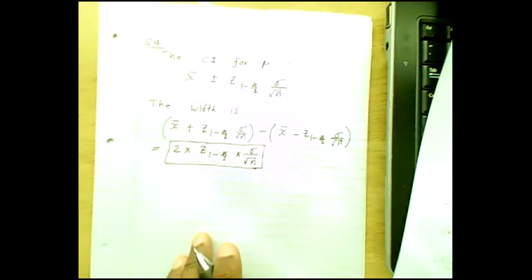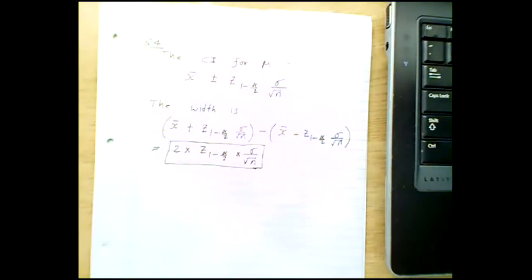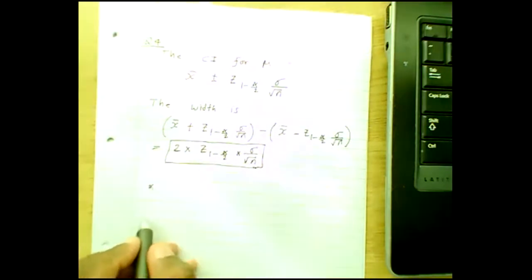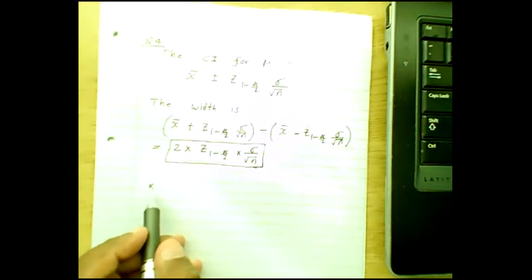Okay, all right, guys. Now the question is also asking what happens to the width with respect to each of the following things, right? So what happens to the width with respect to alpha, with respect to sigma, and with respect to n? Let's take alpha first.